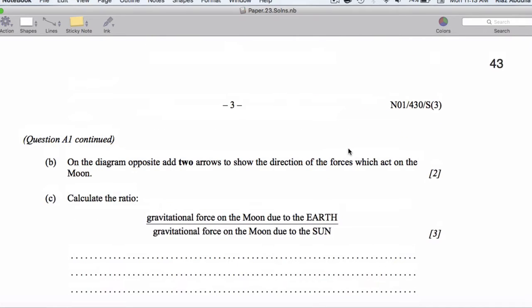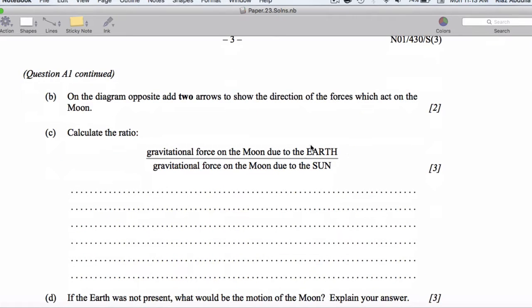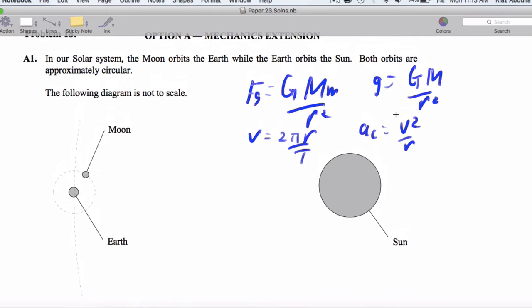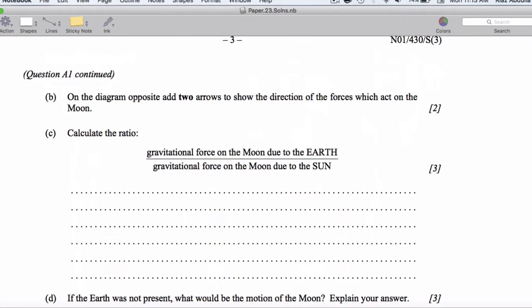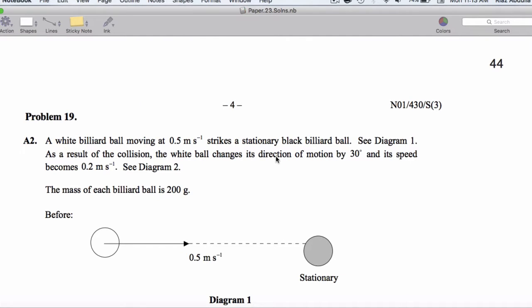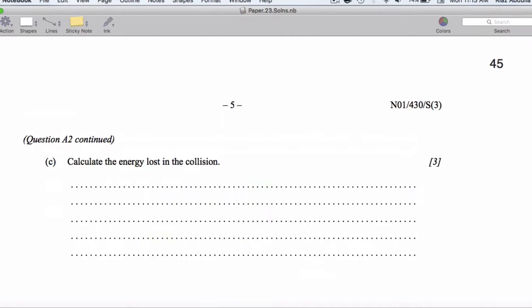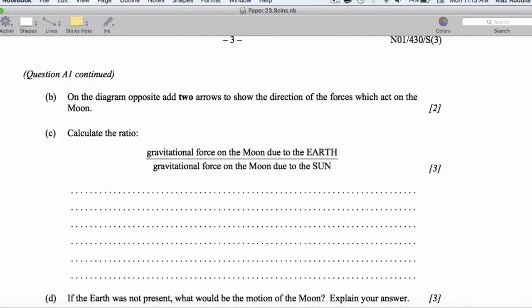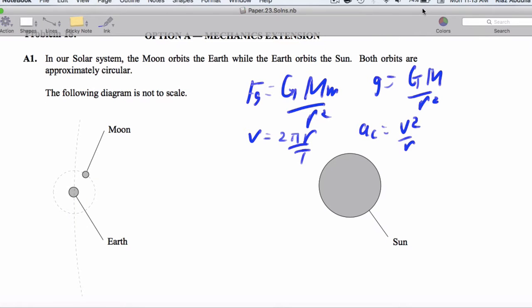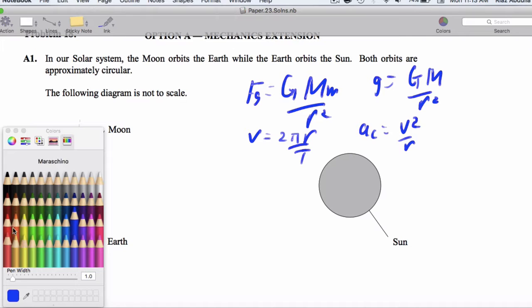All right, now on the diagram, add 2 arrows to show the directions in which the forces act on the moon. So here, the sun is going to pull the moon towards the center. I'm going to draw the sun arrow in tangerine.